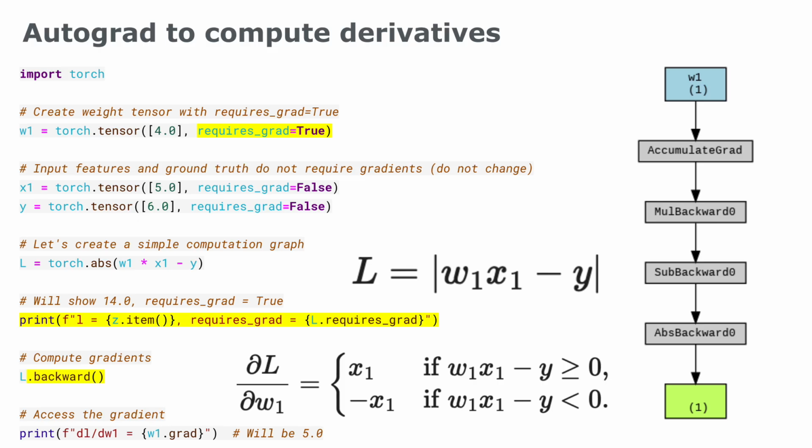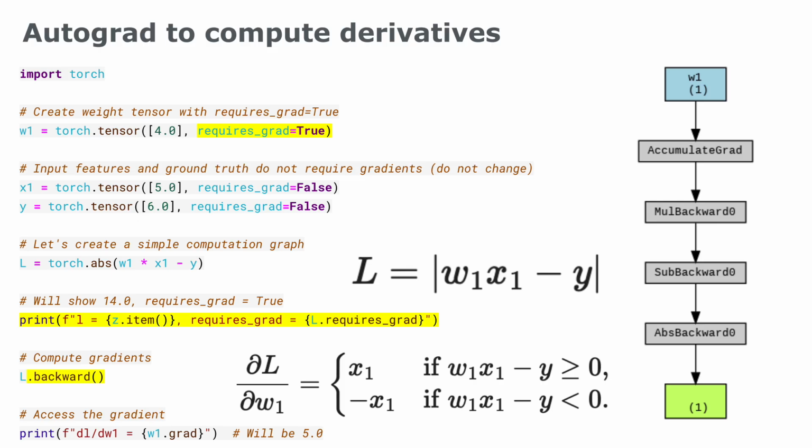Then on the next line we have x1 = torch.tensor(5.0) with requires_grad=False. This is an input feature, like the intensity value of a pixel. Since we have requires_grad=False, PyTorch will not track the gradient of this variable.